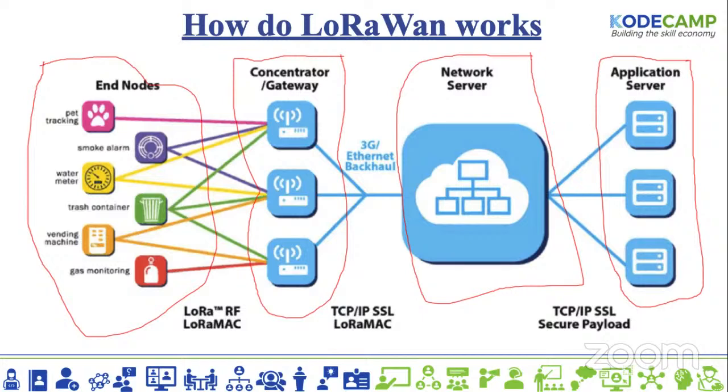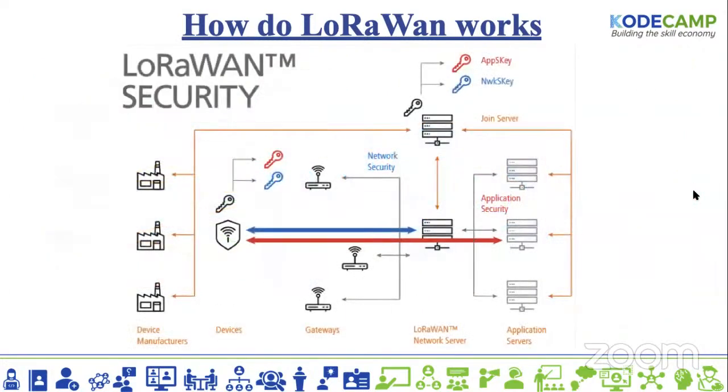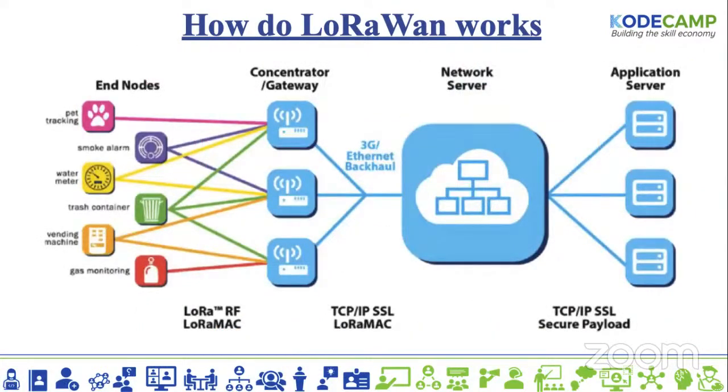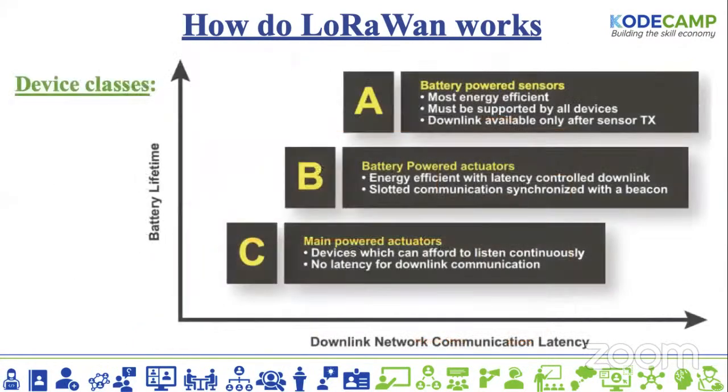Okay, they have a scheduled slot, that's for class B. Then class C, which is the third one, is a bidirectional end device with a maximum receive slot.